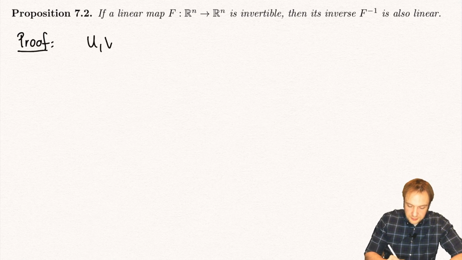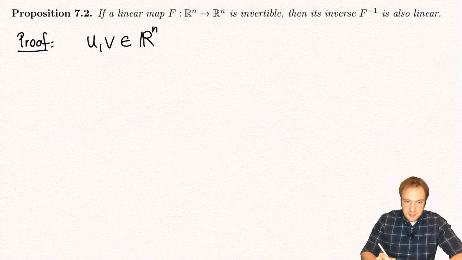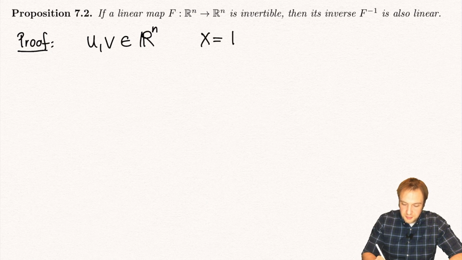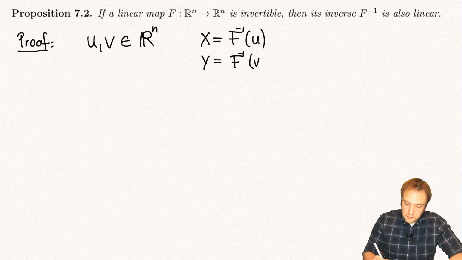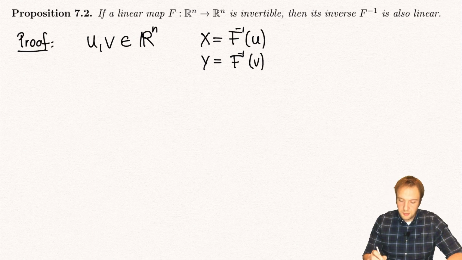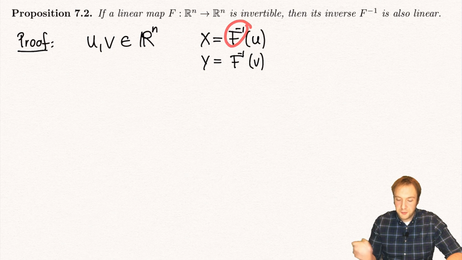So let's take u and v in R^n, and we now define x to be f inverse of u and y to be f inverse of v. We know f is invertible, therefore the inverse exists, and I can apply this inverse to this vector u, and I can apply this inverse to the vector v.